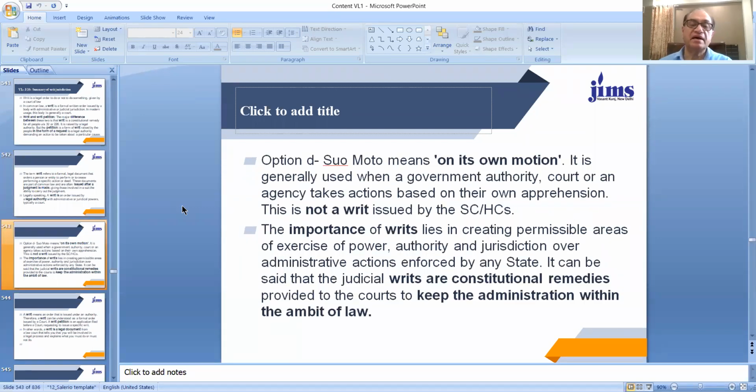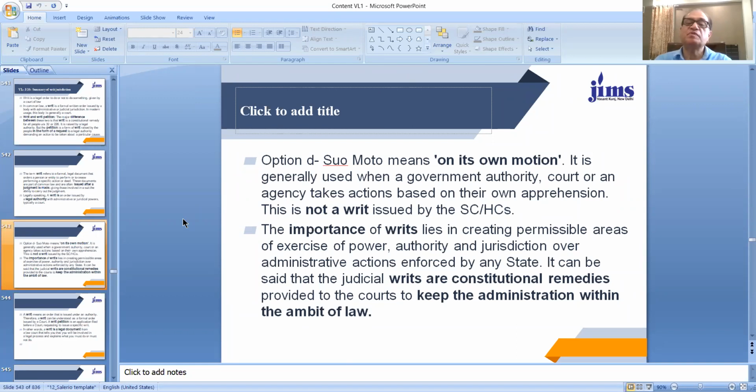There is another concept in our country also, and in England it is known as suo motu, which means on its own motion. Courts have power to issue writs on its own motion also.